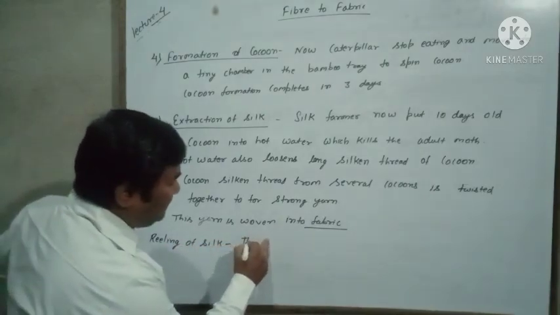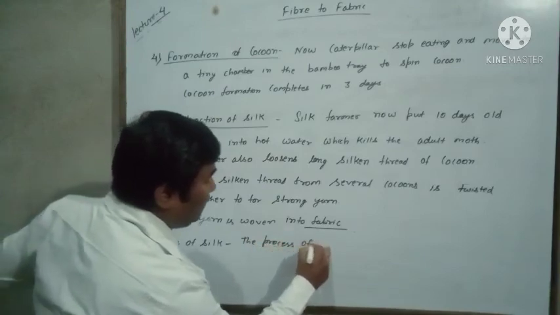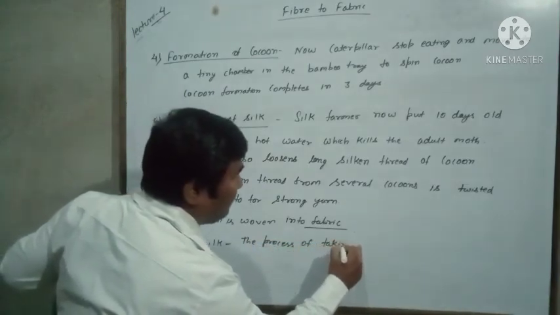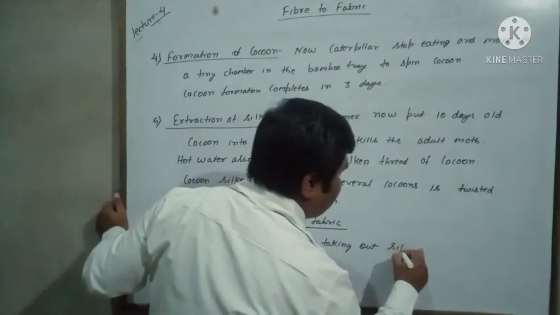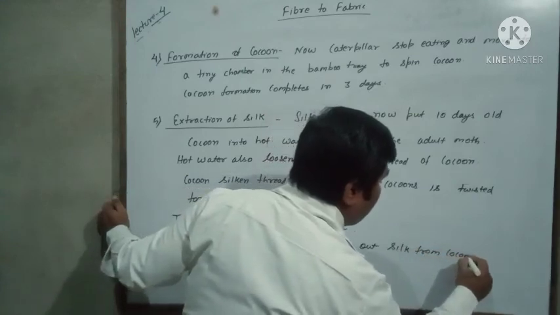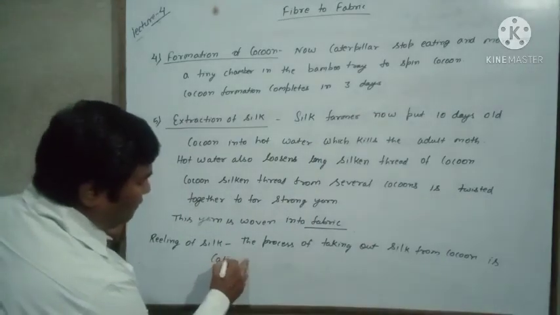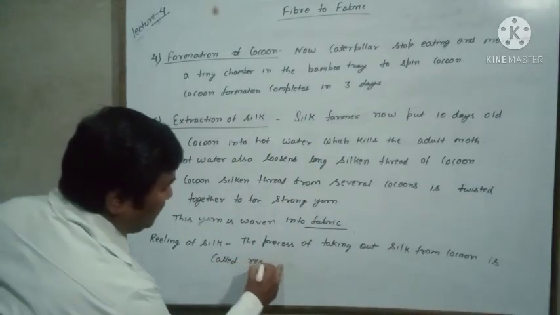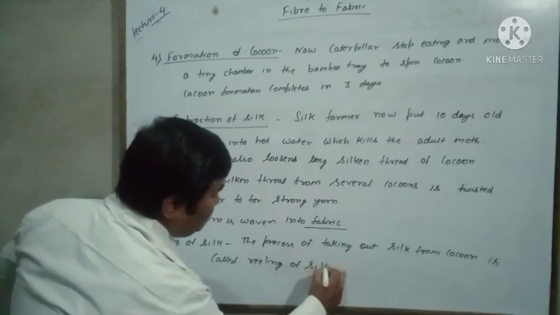What is reeling of silk? The process of taking out silk from cocoon is called reeling of silk.